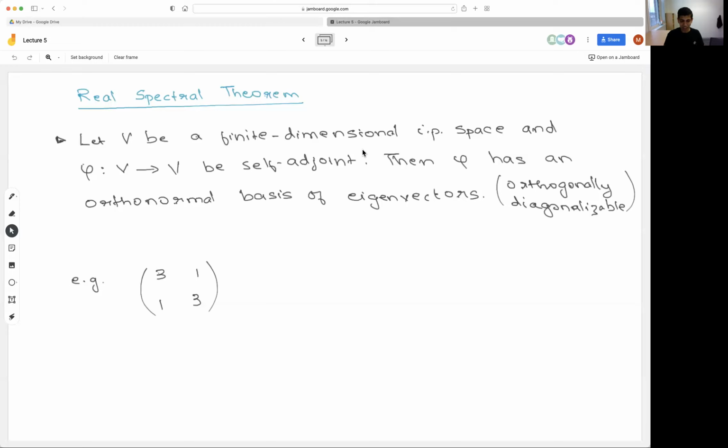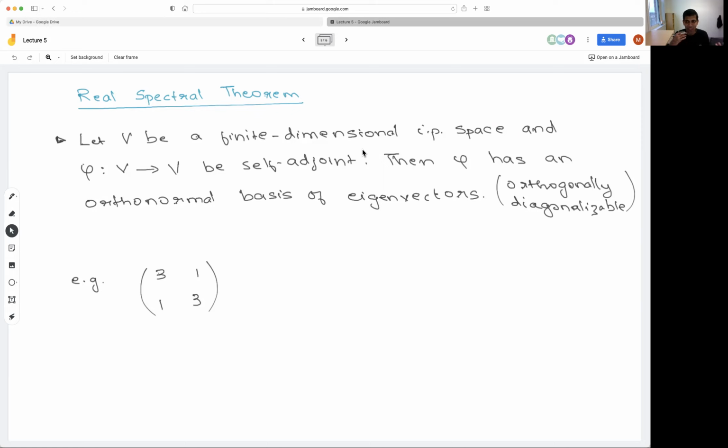It's a really nice basis to think about in terms of this transformation. Going back to matrices, this means that in a different basis, we can write this matrix as a diagonal matrix, and this makes it convenient to work with.